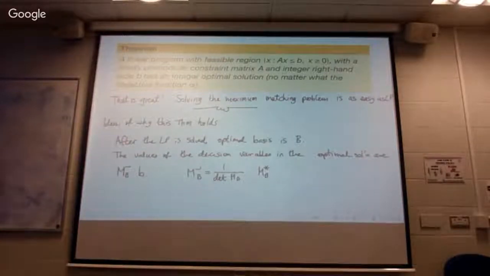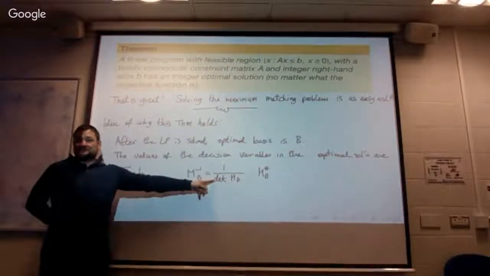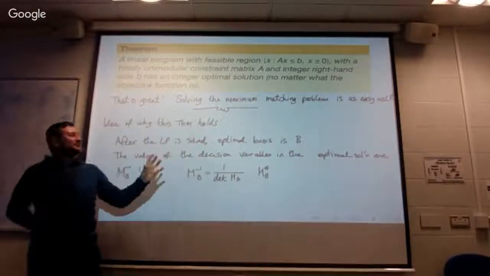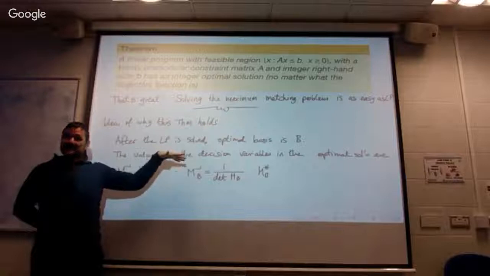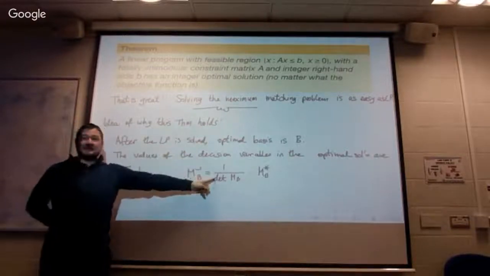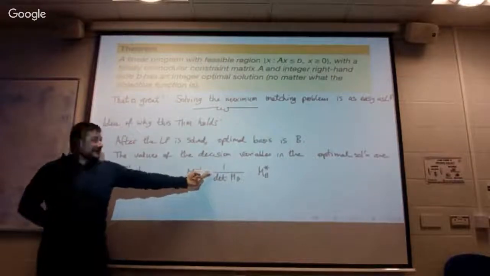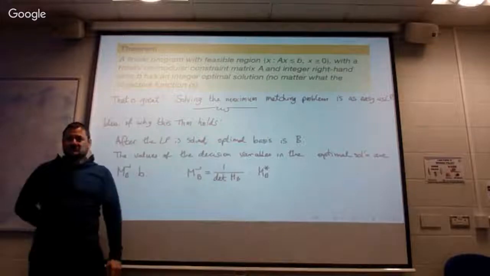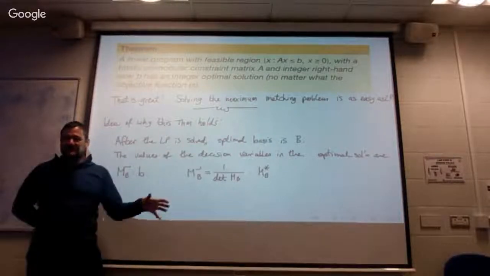So this determinant is 1 or minus 1. Because it's a square submatrix of something coming from A and maybe the identity on top of that. But definitely this is a 1 or minus 1. So if you do 1 over this, you get the 1 or a minus 1. The rest is the adjugate, made from determinants as well.